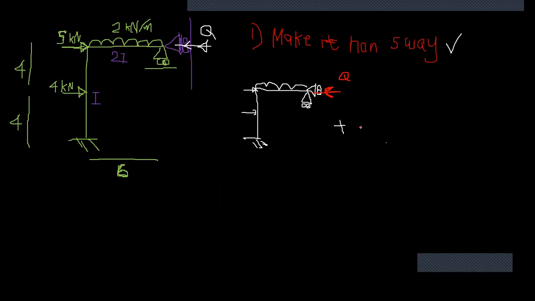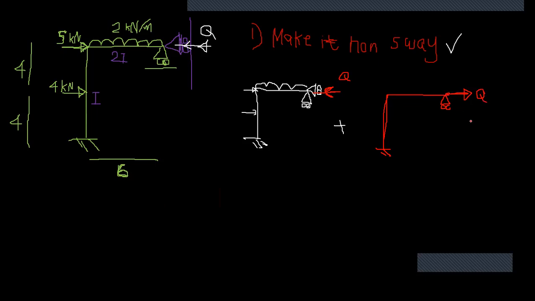So I will take this frame because this has all the loading. I will take them without the loading, the original frame, and just apply a Q force in this way at this node.